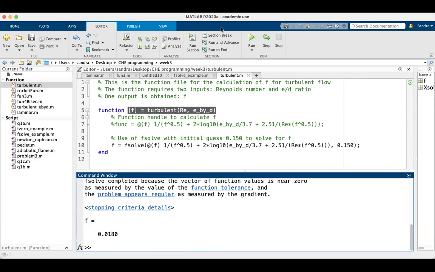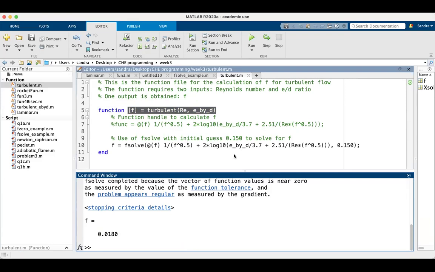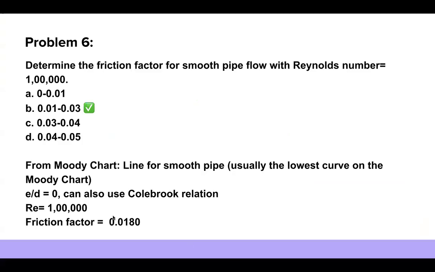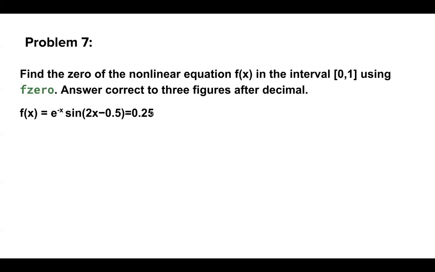You get 0.0180. Let's see what is the answer. Yeah, you get 0.0180, so the answer is B. It falls in the 0.01 to 0.03 range. Any doubts? If not, let us go to the next question.